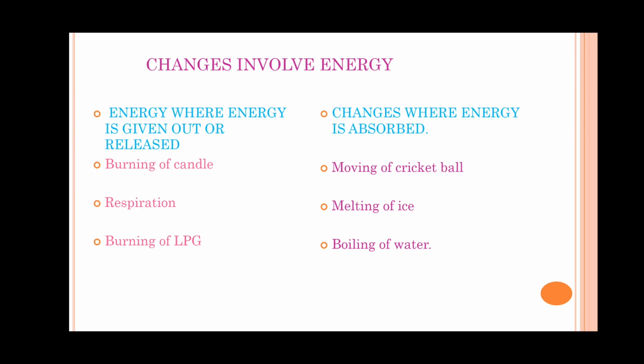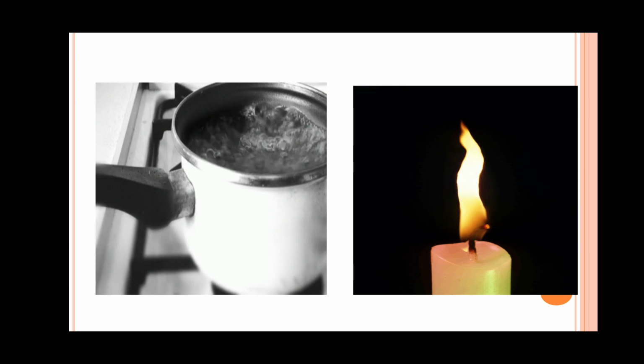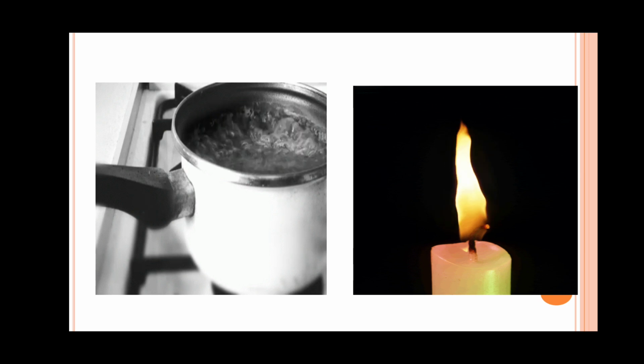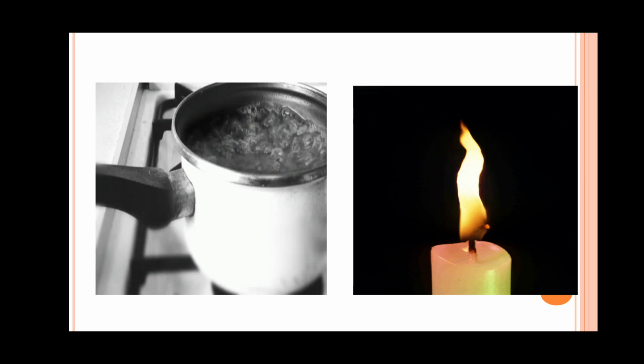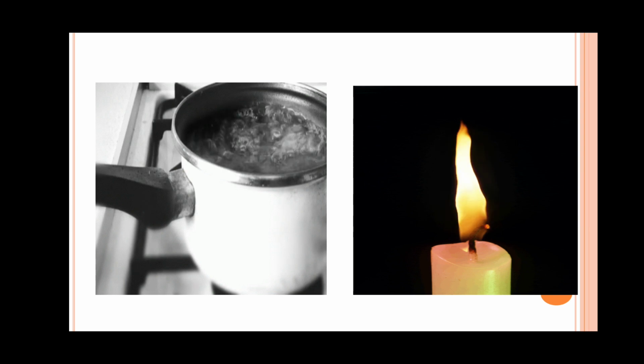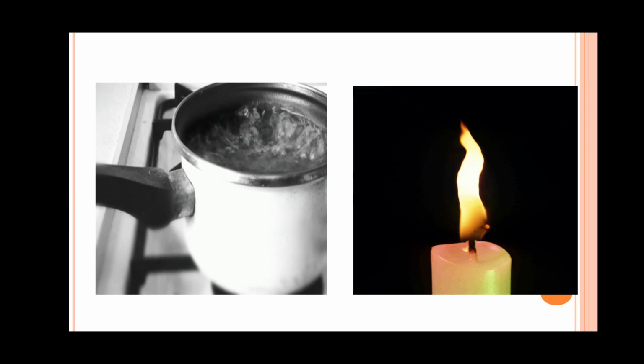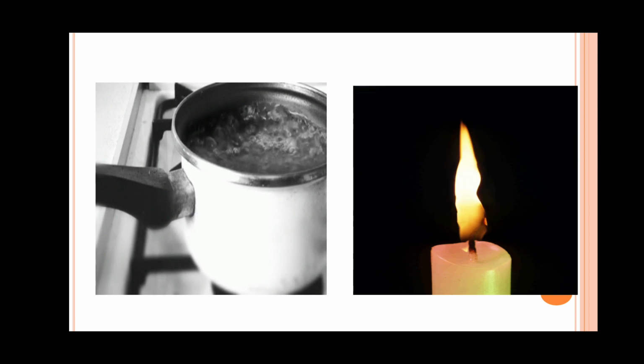When ice melts, it absorbs the heat and it gets converted into water. Boiling of water is a process where energy is absorbed and the water gets boiled, and the burning of the candle is where energy is being released in the form of heat and light. So that's all in this chapter.